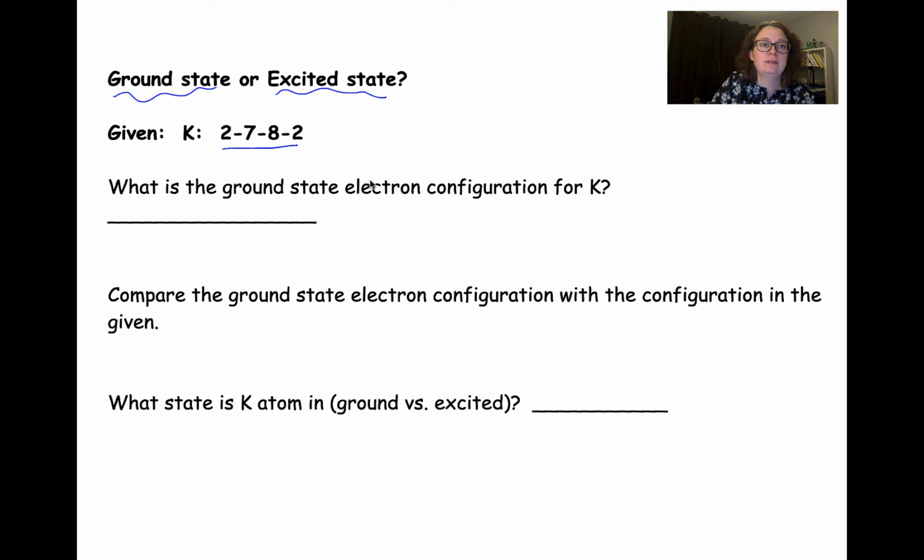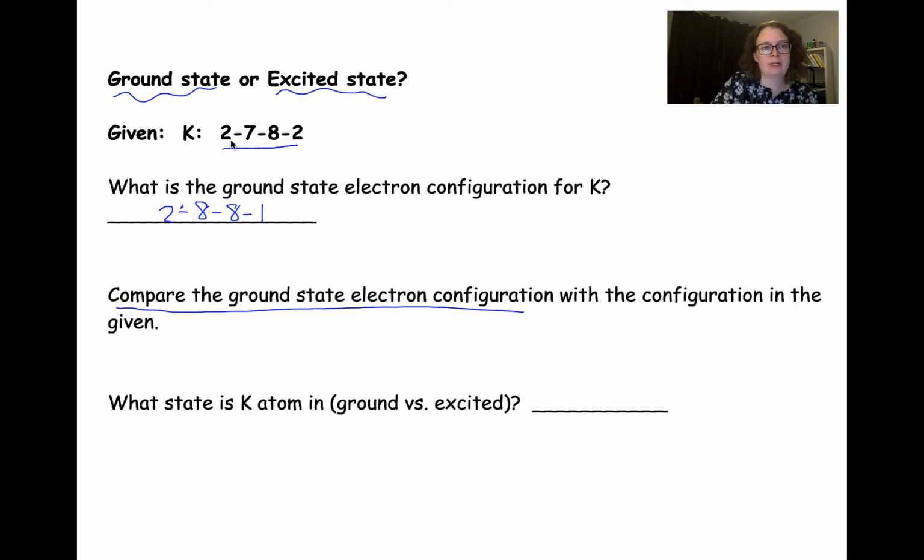So first things first, we'll look at our periodic table and see what the ground state configuration for potassium is. And it turns out to be 2-8-8-1. So once we have that, we can compare the ground state electron configuration with the one that's given. And they look a little bit different.